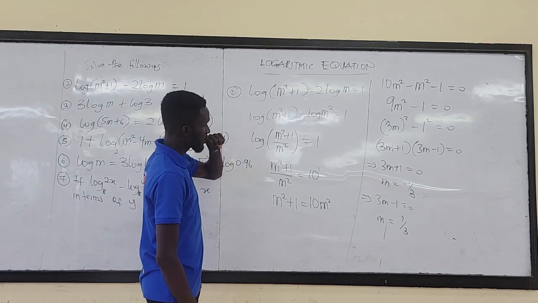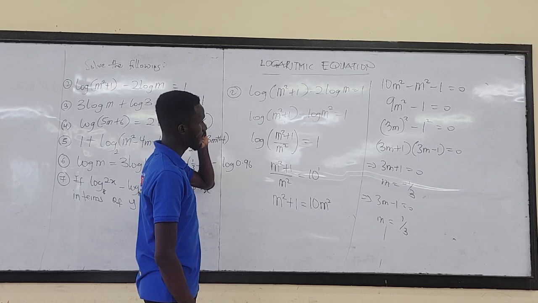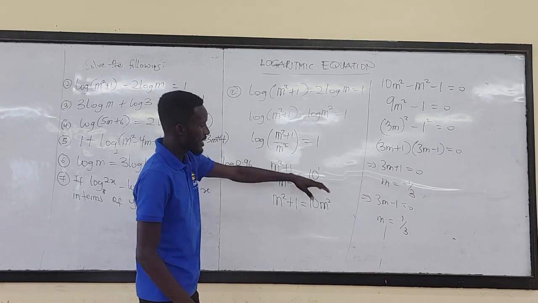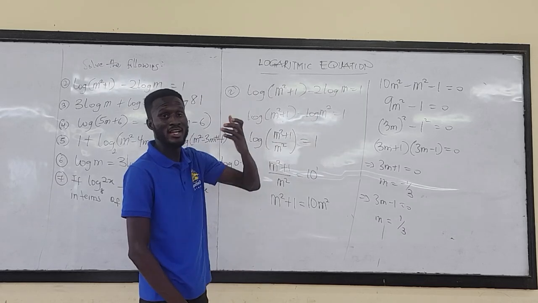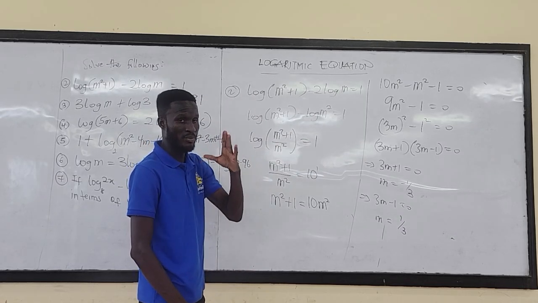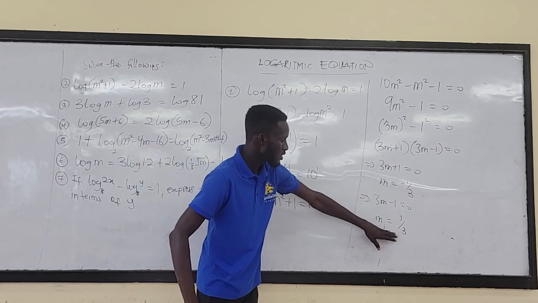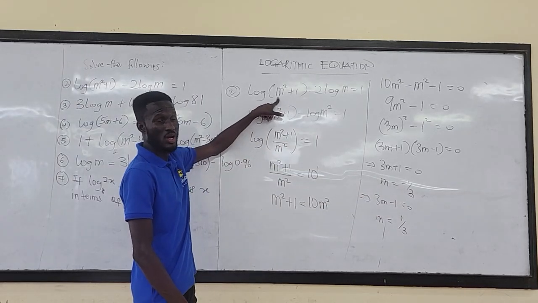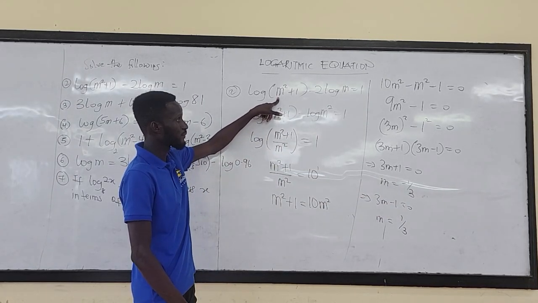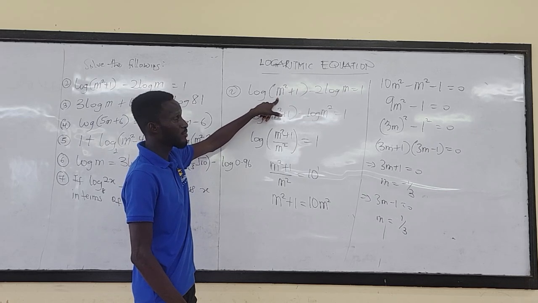Now look at the condition. When I want to consider the negative answer, when I put negative 1 over 3 here, we don't have a negative logarithm. Don't forget the property. When I put negative 1 over 3 here, this one will give us what?